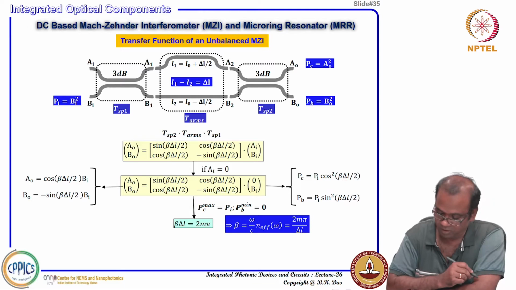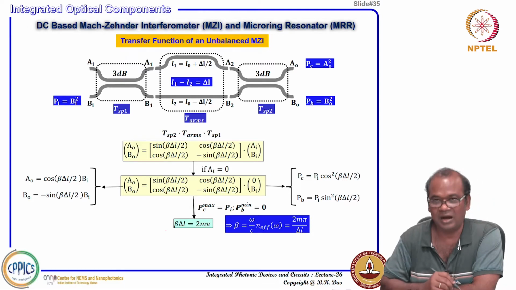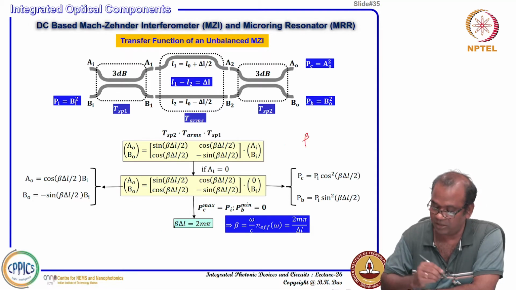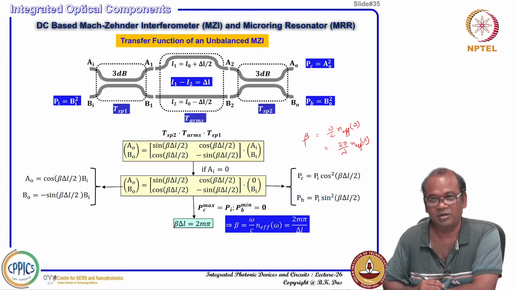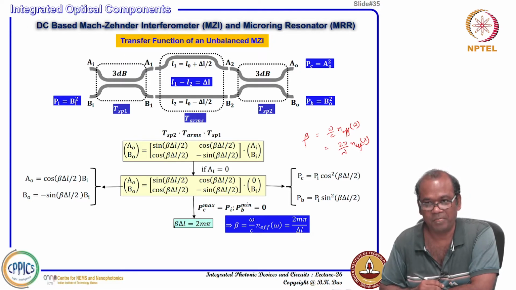Now you see this beta. Go back to our waveguide analysis: beta, the propagation constant, can be defined as omega by c times n effective, the effective index of the guided mode. That can also be written as 2 pi by lambda times n effective, and this n effective can be a function of omega, or of lambda, for a given waveguide structure.